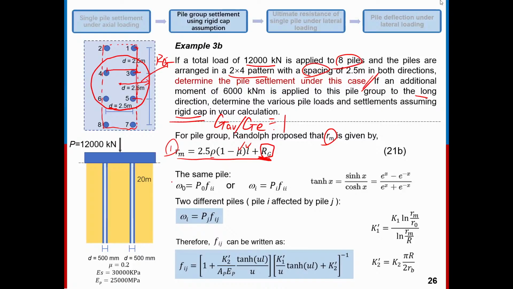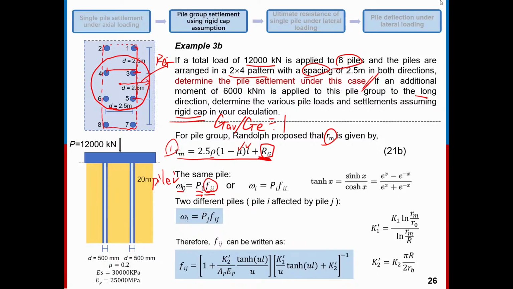The second one is about the so-called influence factor. You see here, omega 0 is equal to P0 times FII, right? This is for the calculation of the settlement of the pile under the force P0. For example, the settlement of pile I is equal to the force on pile I multiplied by FII.